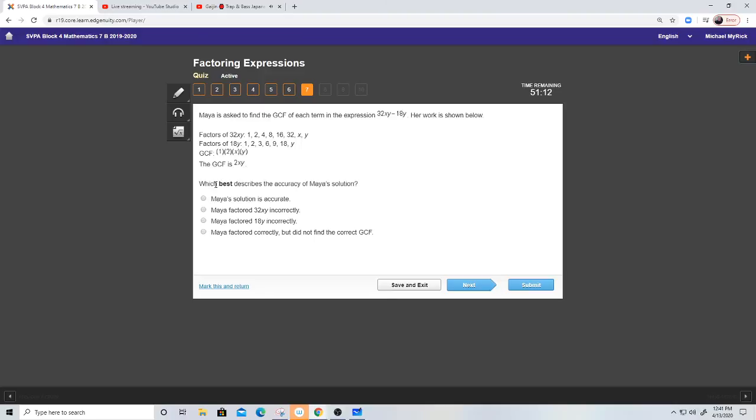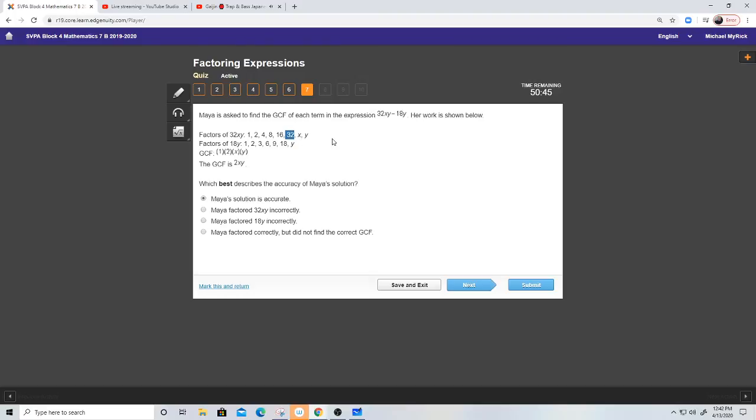Okay. Which best describes the accuracy of Maya's solution? I don't know. It looks accurate. What's wrong with it? Maya factored 32xy incorrectly. I don't know. Nothing times 3. 4 works. 5 can't work. 6 can't work. 7 doesn't work. 8 times 4.